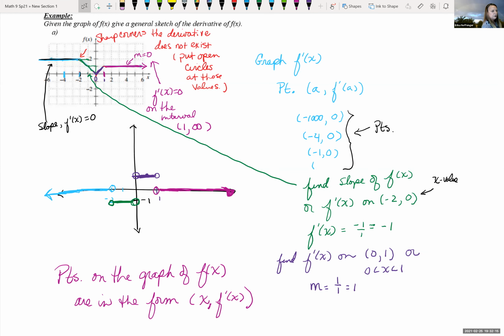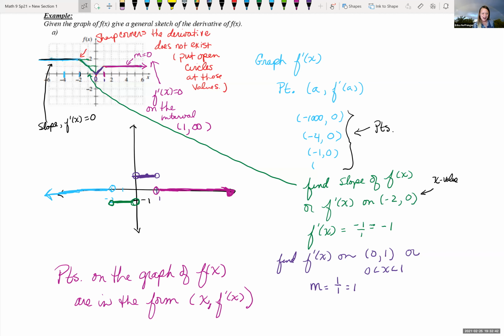Let's see if you guys have any questions. Okay, so again, this one wasn't too bad because if you looked at our original function, notice that those are all lines in there. Notice that that's a piecewise function, right? Because basically for this function f of x, they have different equations for different pieces of our function.